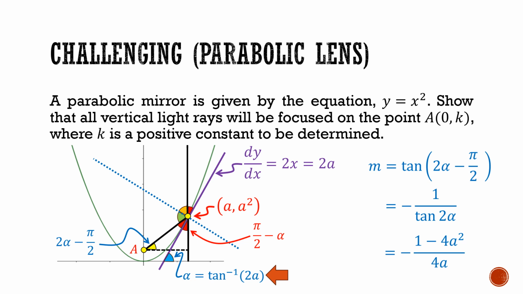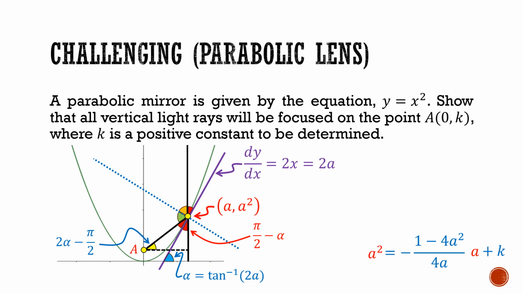And this we can substitute into the equation y equals mx plus c. Now that we know m, we just need to substitute in the y and the x, and we can find the c. And the c is the y-intercept, which is the coordinate for A, which is k. So what is y? y is equal to a squared, x equals a.